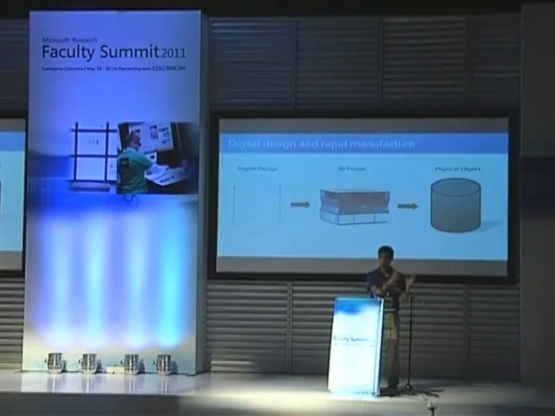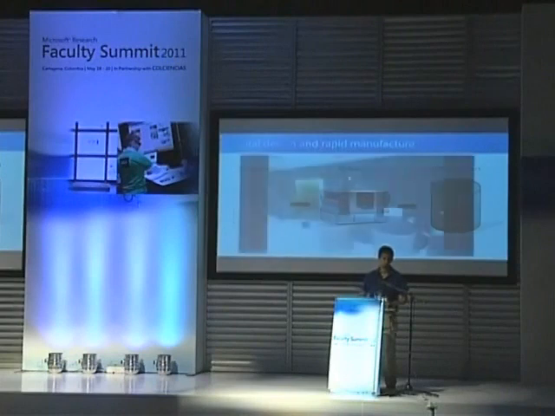So you make a design of an object, then you feed it into a 3D printer, which will then physically construct the object for you out of plastic or rubber or metal. There's a lot of different techniques, and it's very much an automated process. You just give it the design, and the machine will build whatever you tell it to build. So the output is a physical object that you hold in your hand after a couple of hours.